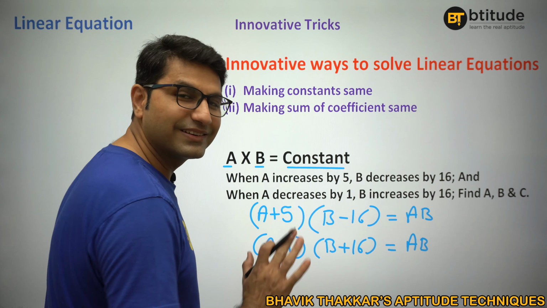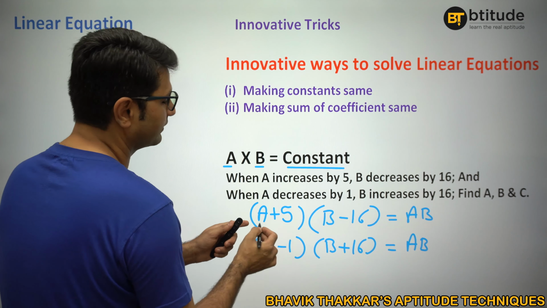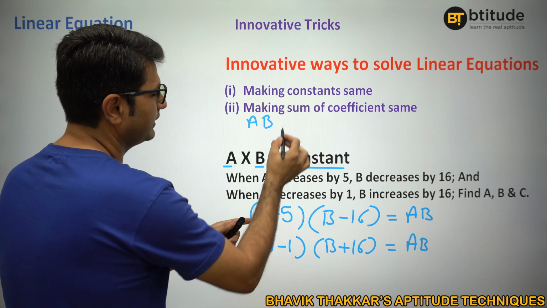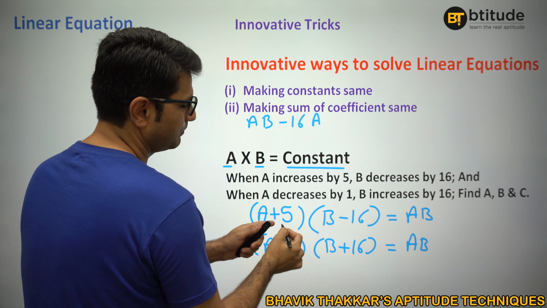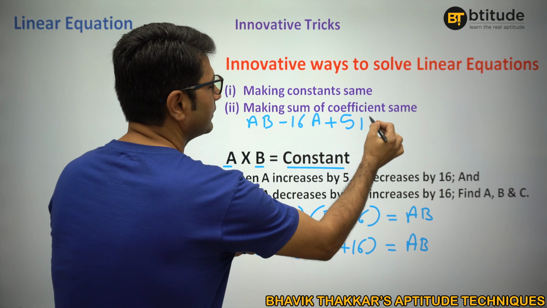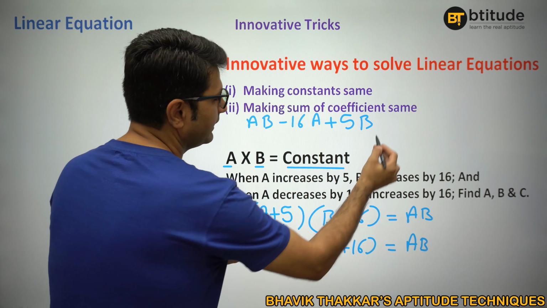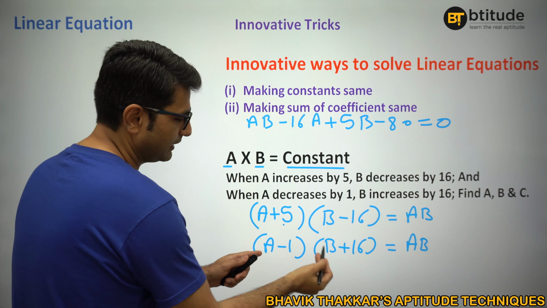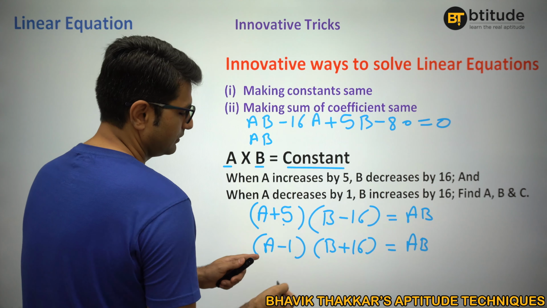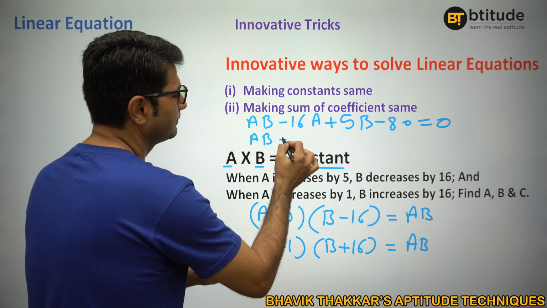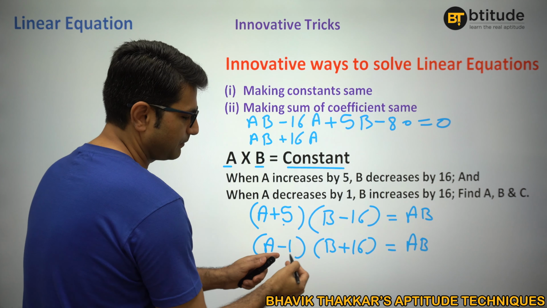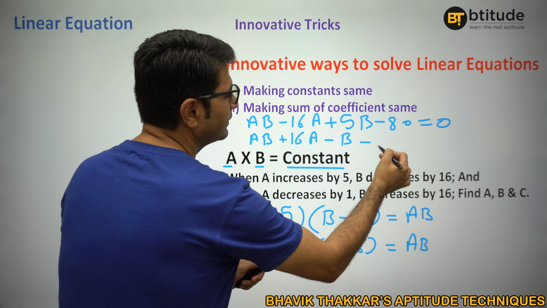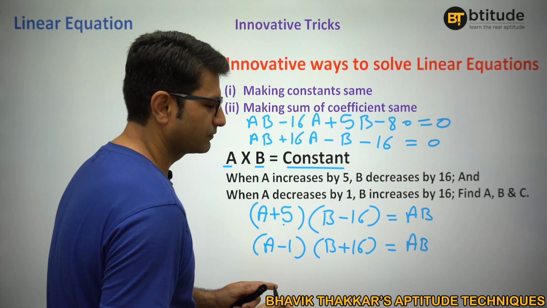So now you have got two equations, right? Now try to understand, solve this. It will become AB, minus 16A plus 5B minus 80 is equal to 0, and the next equation will be AB plus 16A minus B, and when you multiply this, minus 16 is equal to 0.